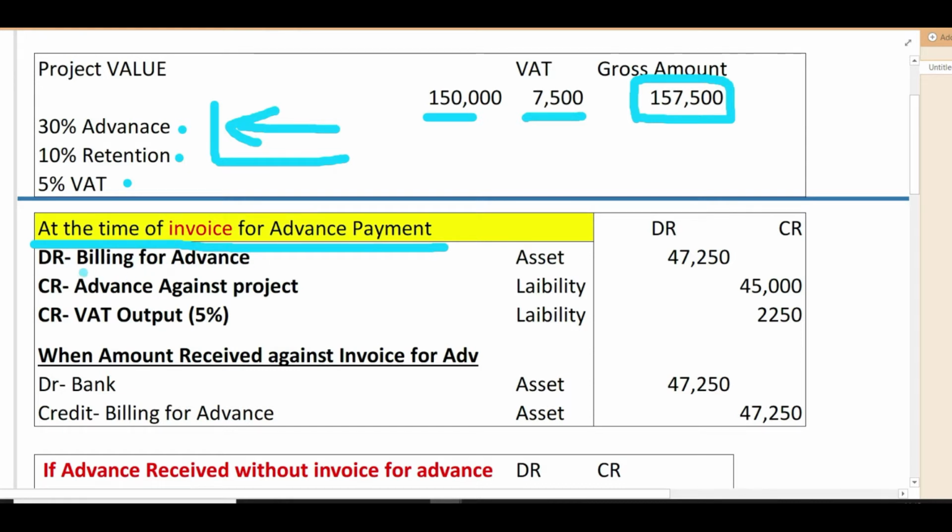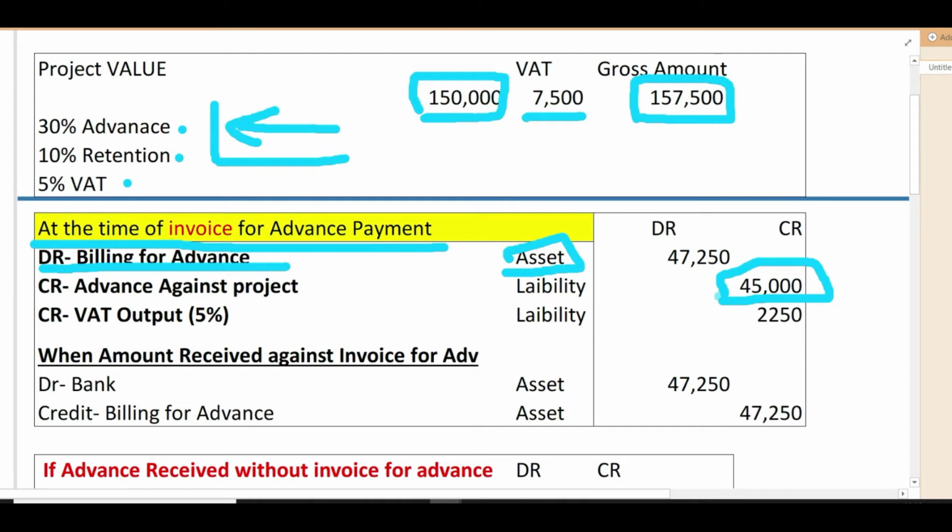You will debit an intermediary account known as billing for advance payment. That is your asset account. You will debit it, and you will credit the liability account, advance against project. The advance against project that you are supposed to receive is 30% of 150,000, which is 45,000.